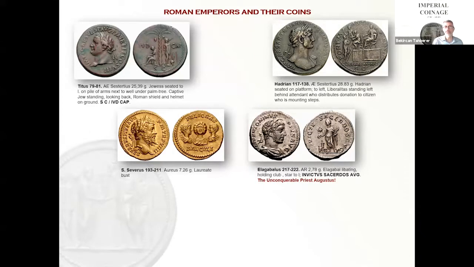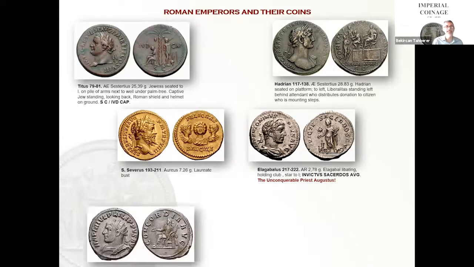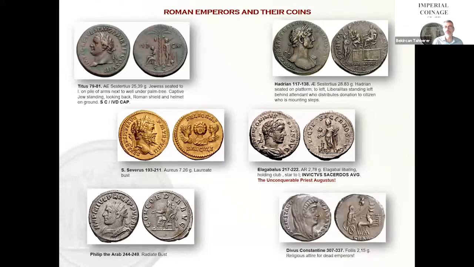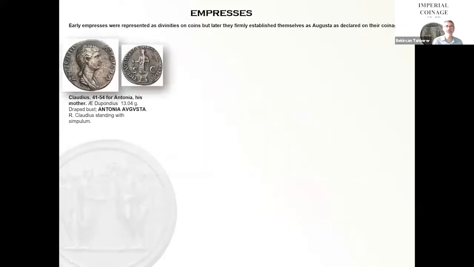Elagabalus, believe it or not, claimed that he was the unconquerable priest Augustus. And Philip the Arab used a radiate bust, and when they die, the coins minted after them simply showed them as deified gods. So they had no limit whatsoever as to how they wanted to display themselves.